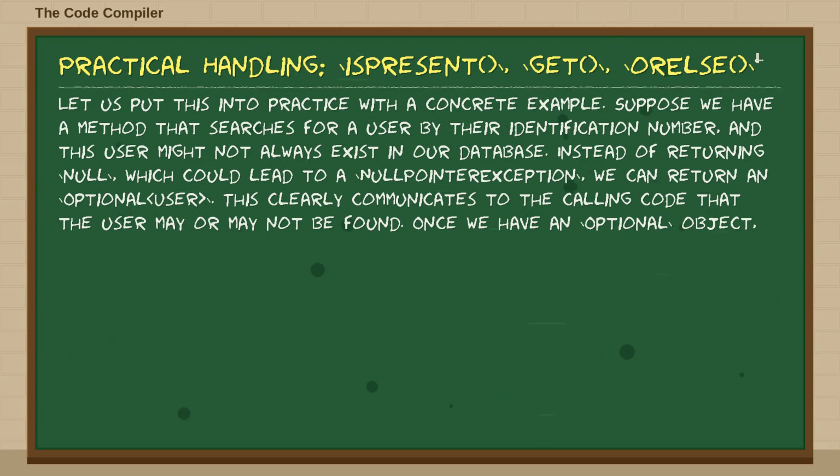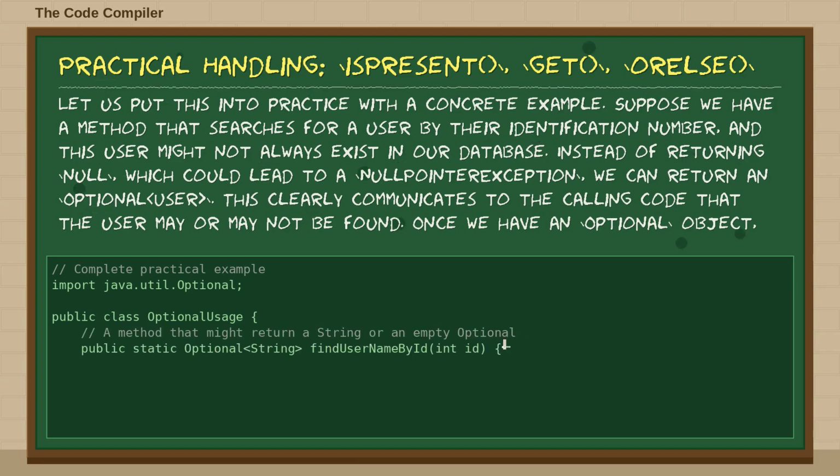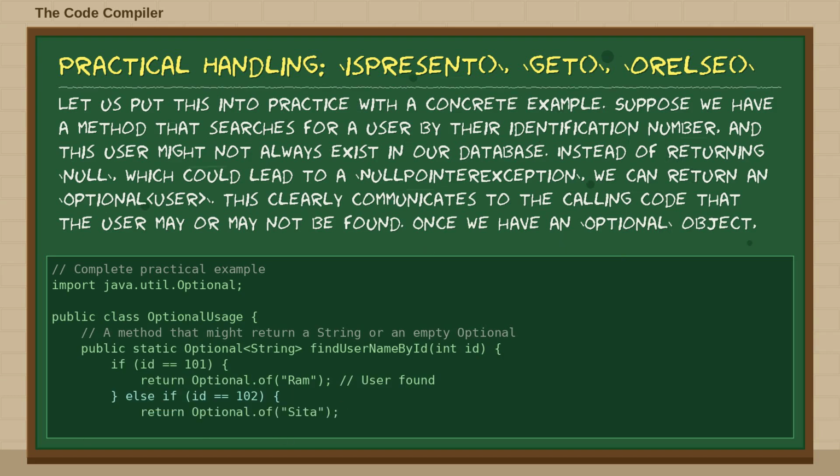We also have ifPresent for performing an action only if the value is present, and map or flatMap for transforming the value inside the Optional if it exists. These methods allow us to write much more functional and readable code, handling both presence and absence elegantly.